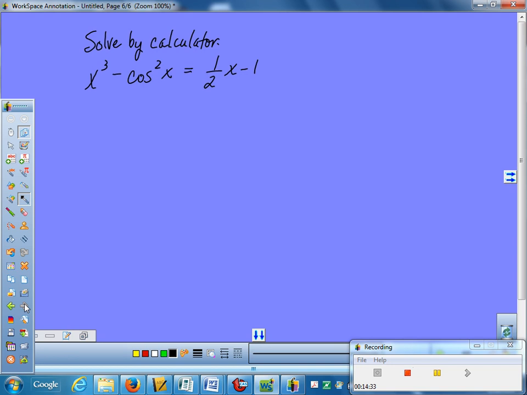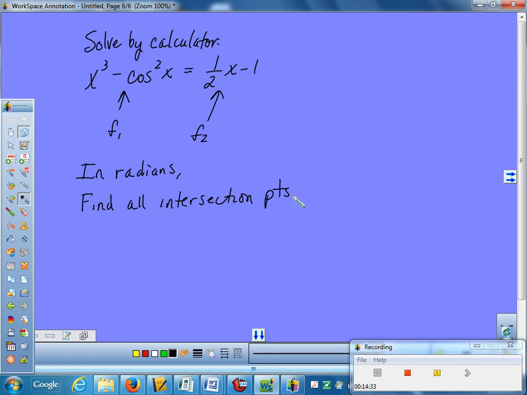You can put the left side in F1, put the right side in F2, and then find where they intersect. But you would have to be in radians to do it. I just want you to realize that that's an option for you.